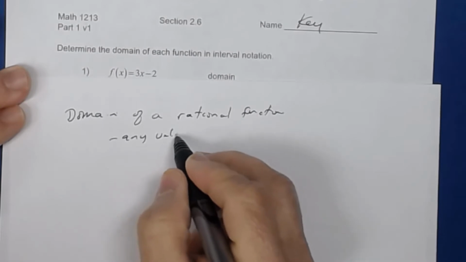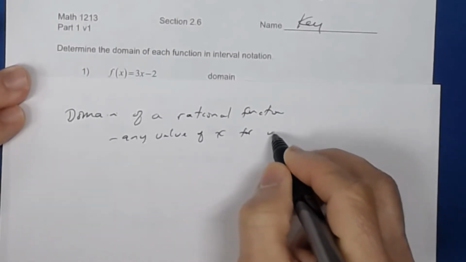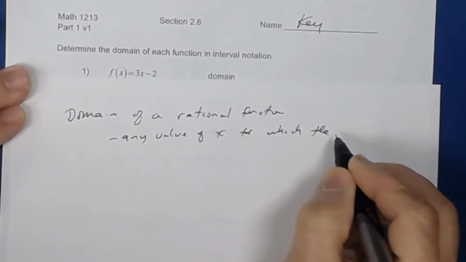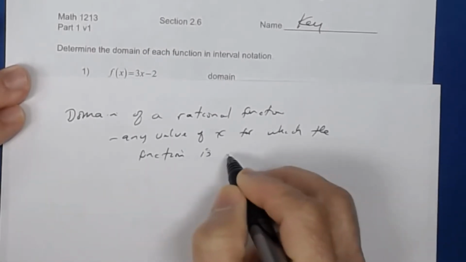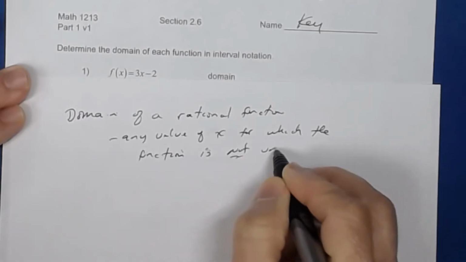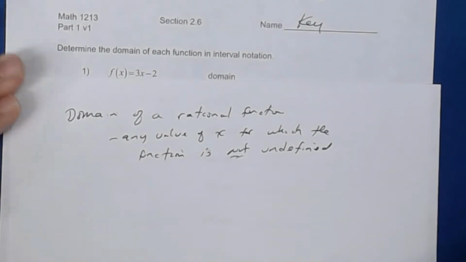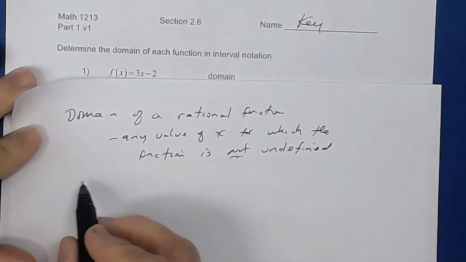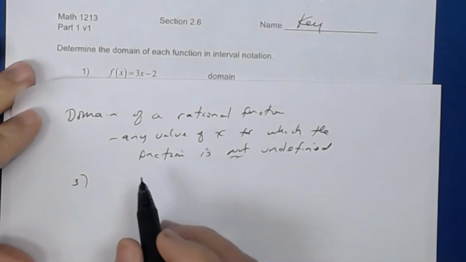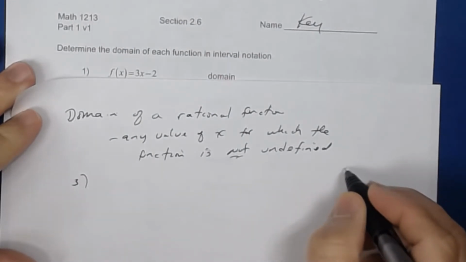So any value of x for which the function is not undefined. Okay, so any value for x for which the function is not undefined.